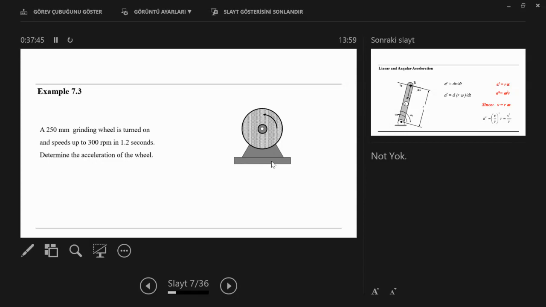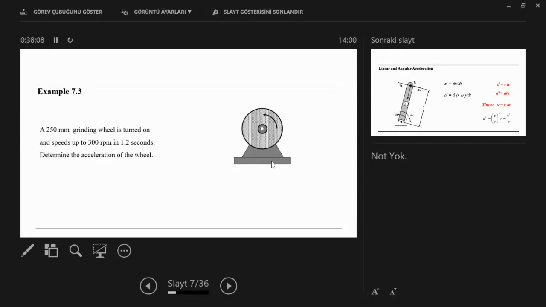And alpha is equal to delta omega over dt, and it's 30 here because it starts from 0 and arrives at 30.